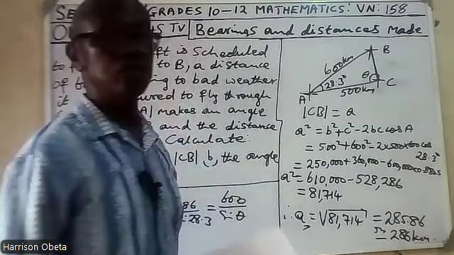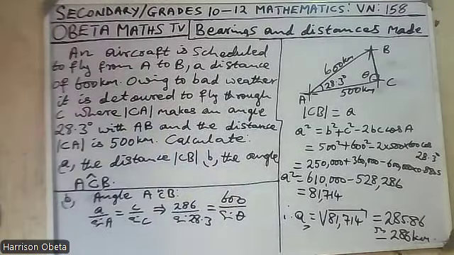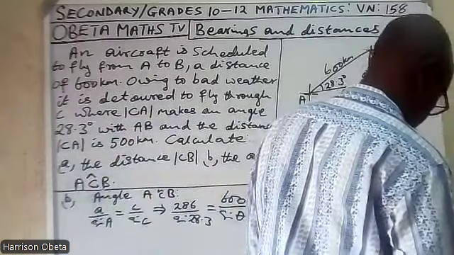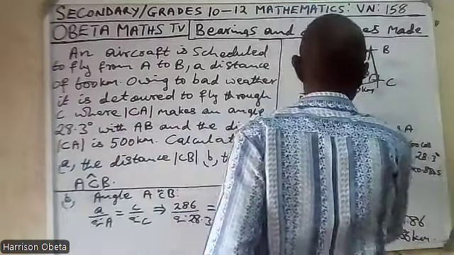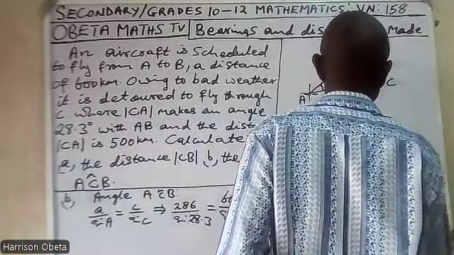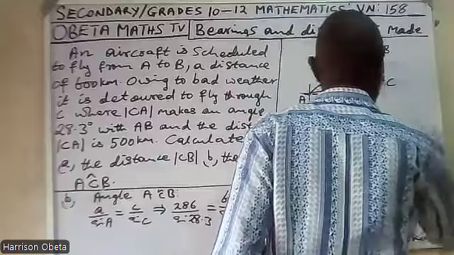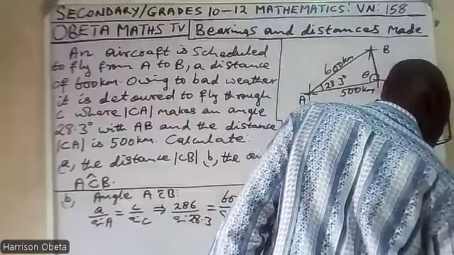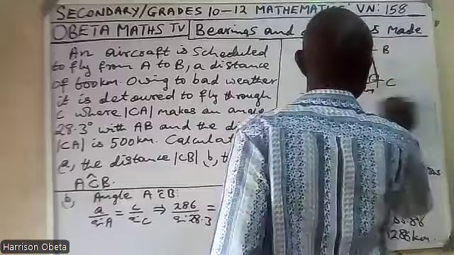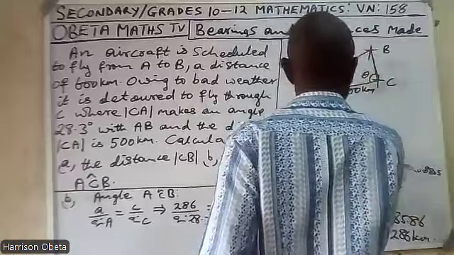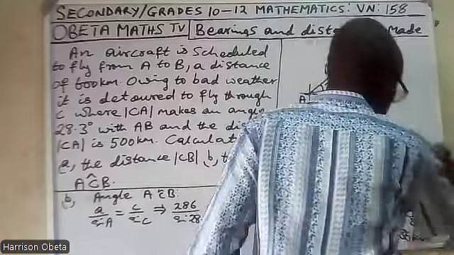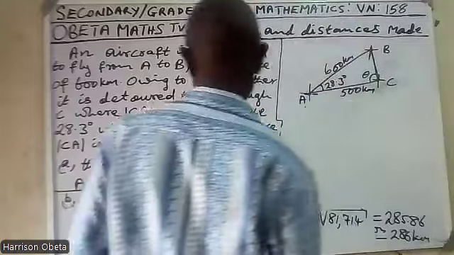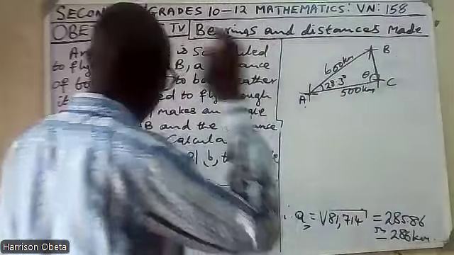So from here we are going to cross multiply. We come up here and cross multiply.